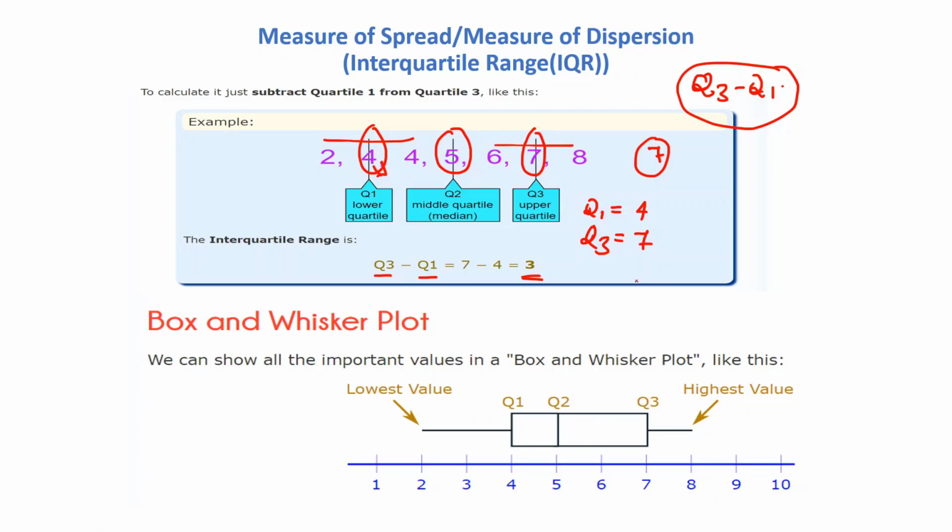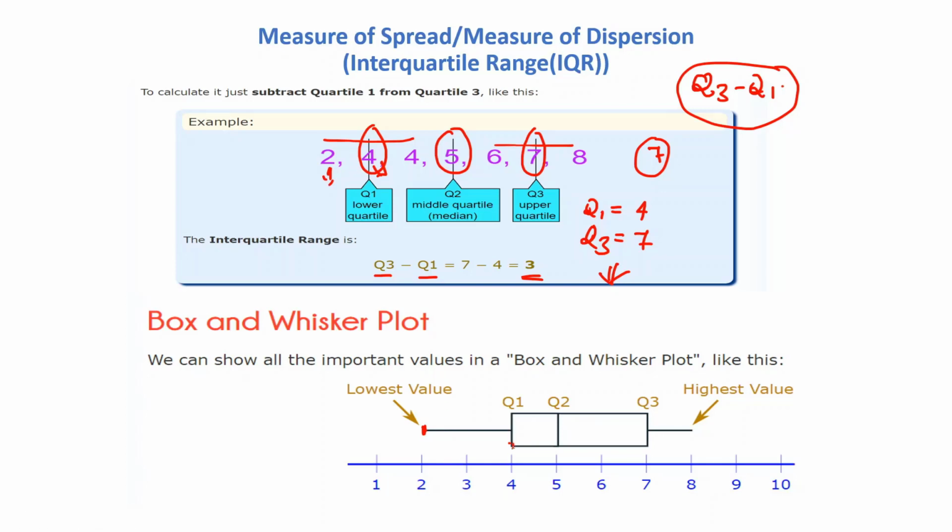We can draw the box plot by using these quartiles. Whenever we plot a box plot, the first point is the lowest point in your data set. What is the lowest point? This is the 2. So first we draw the 2. Then what is the first quartile? The first quartile is the 4.